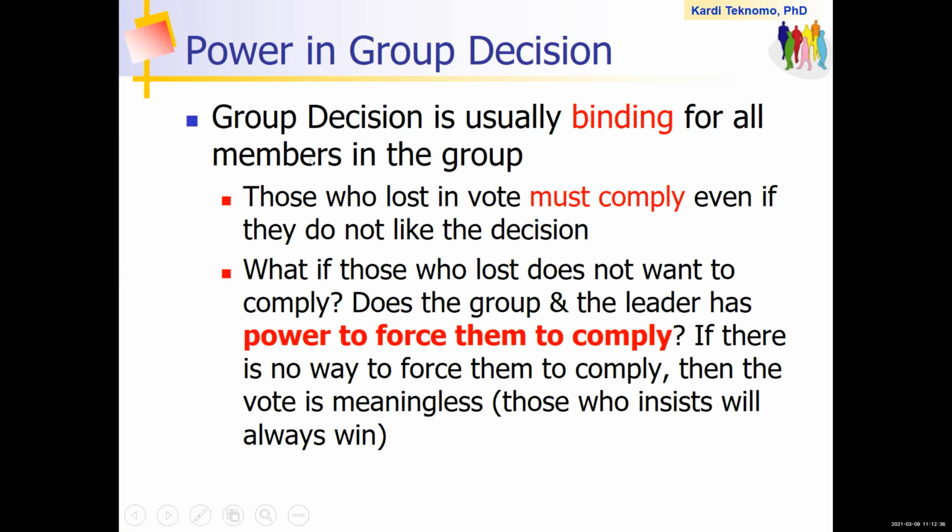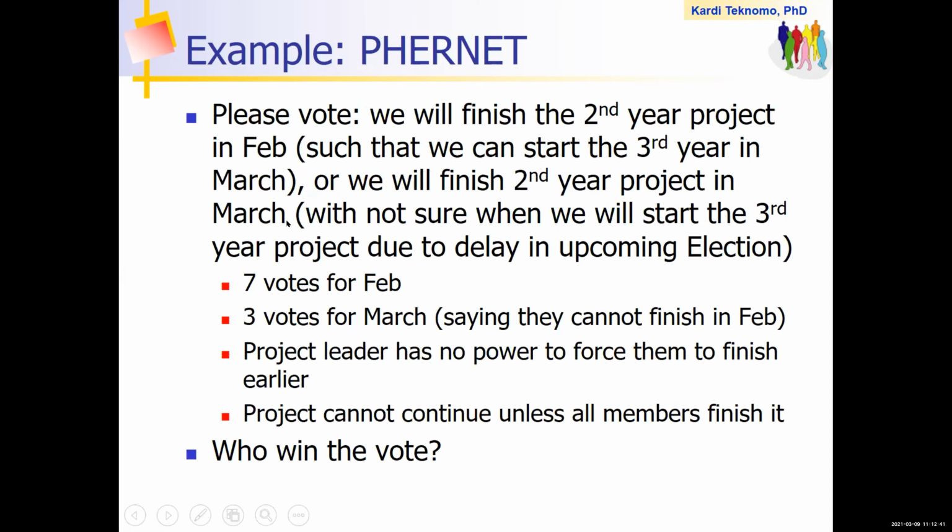So this is an example from my own experience. For example, the leader gives a vote: we will finish the project in February, or we will finish the project in March, and we have an election. 7 groups vote for February, 3 groups vote for March, but in reality, the project leader has no power to force them to finish earlier.